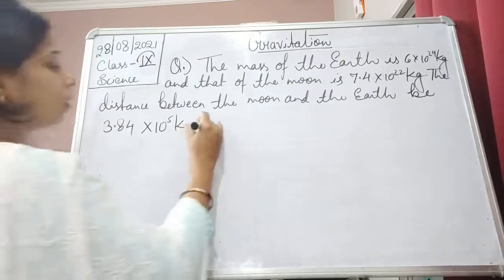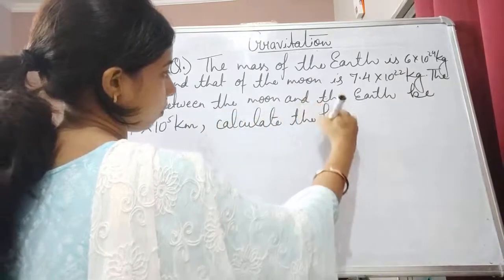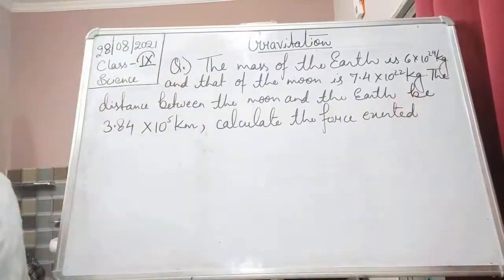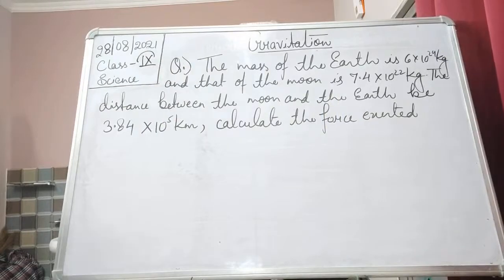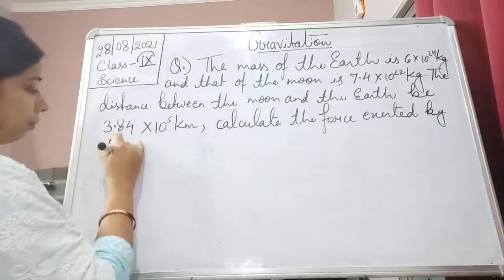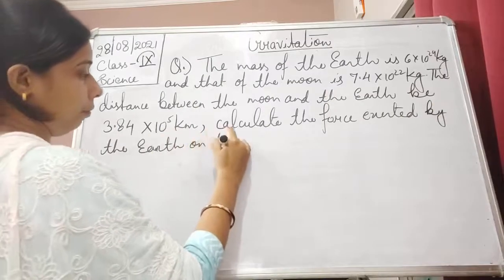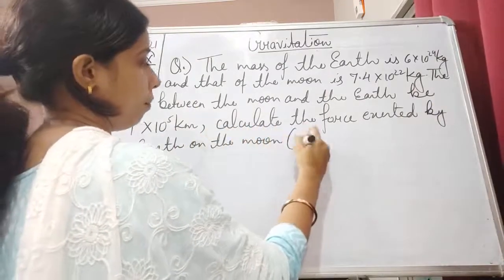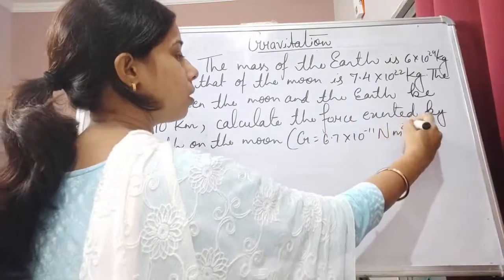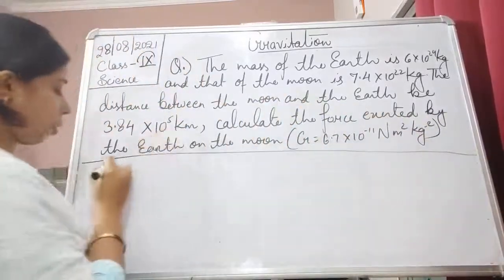Calculate the force exerted by the earth on the moon. G is equal to 6.7 into 10 the power minus 11 Newton meter square per kg square. This is the question given to you.